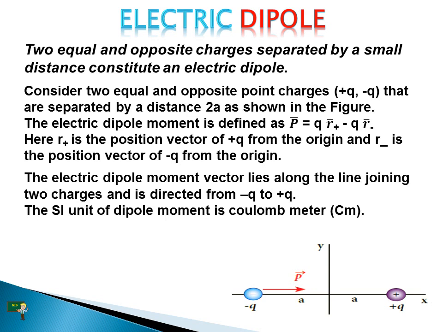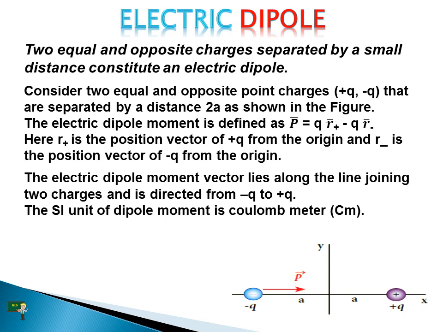Here r plus is the position vector of plus q from the origin and r minus is the position vector of minus q from the origin. The electric dipole moment vector lies along the line joining the two charges and is directed from minus q to plus q. That we all know, because we just finished the electric lines of force.